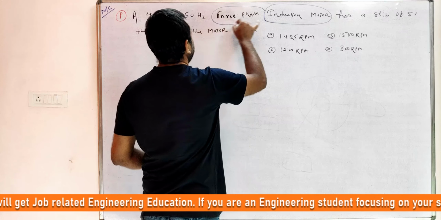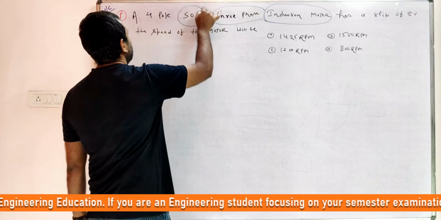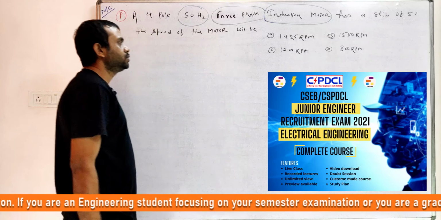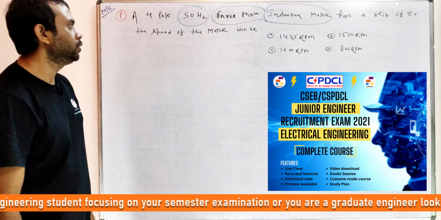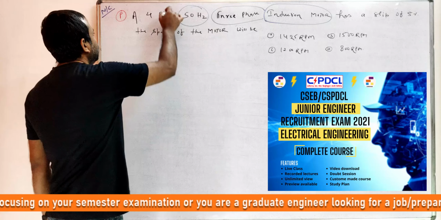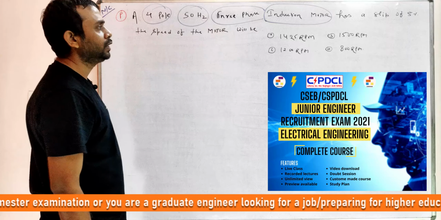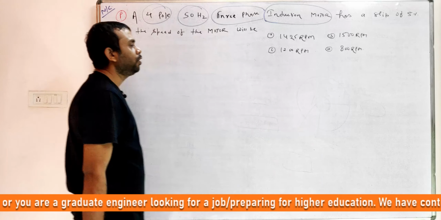So, a 3-phase induction motor, and the supply frequency is how much? 50 Hz. It means this 3-phase induction motor is operating on a supply frequency of 50 Hz, and it is given as a 4-pole machine with a slip of 5%.